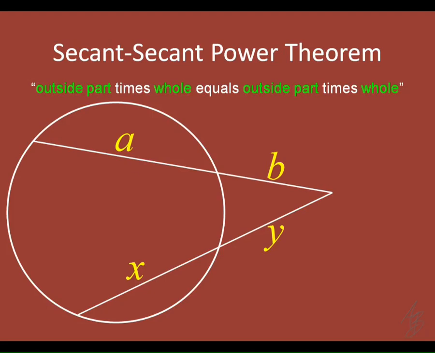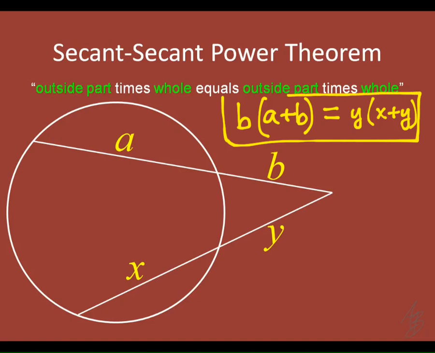For this segment right here, what is the outside part? B. Okay, what is the whole thing? B plus A, or if we want to go alphabetical order, which is what we typically do, A plus B. So on one side, we're going to have B times A plus B. On the other side, what's the outside part? Y. What is the whole thing? X plus Y. There you go.